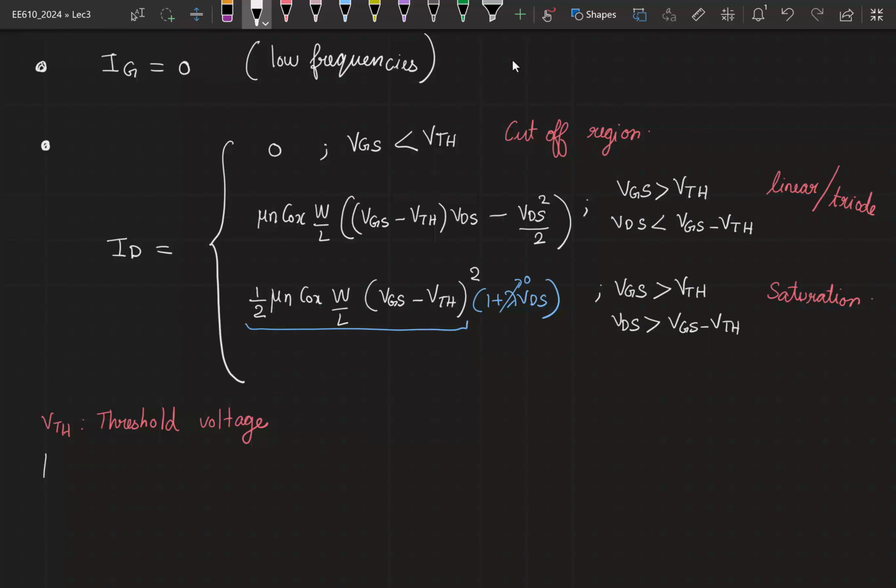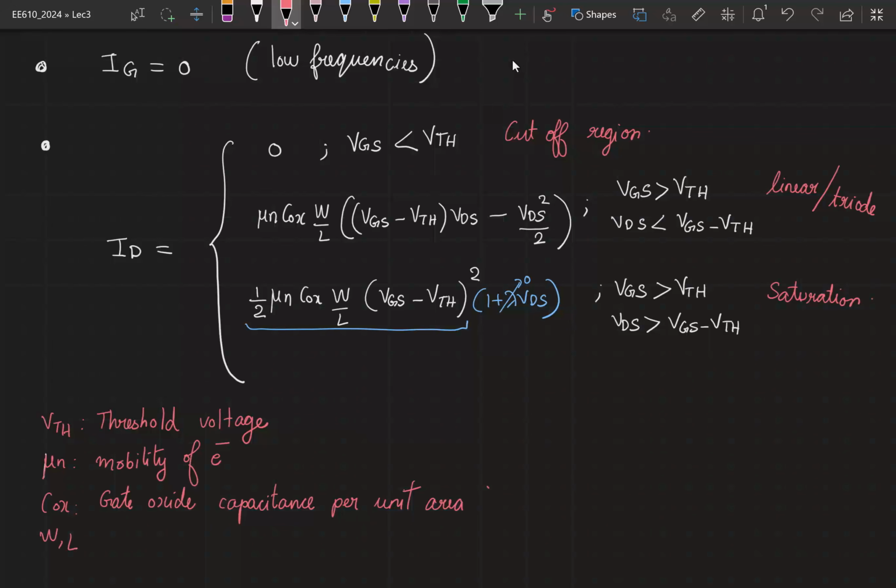What is mu n? This is the mobility of the electron. COX is the gate oxide capacitance per unit area. W and L I already explained.